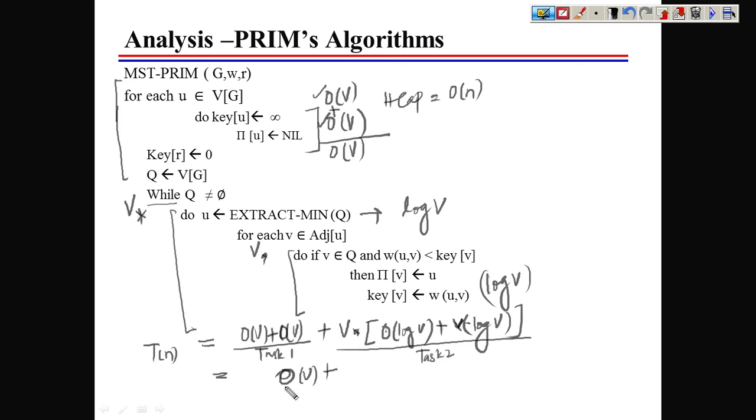So this gives V times big O of V log V, which is big O of V square log V. Effectively, the cost of Prim's method is big O of V square log V, and we have seen that the cost of Kruskal's method is big O of E log E.